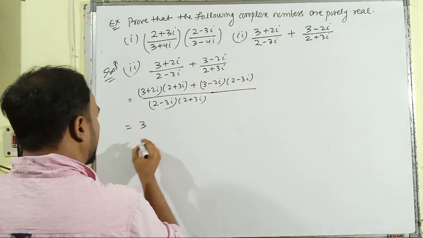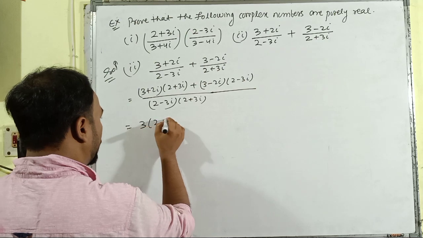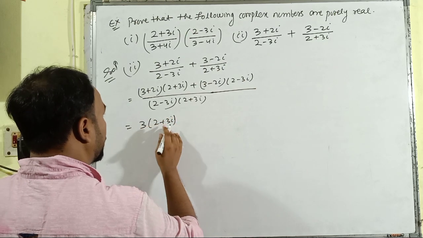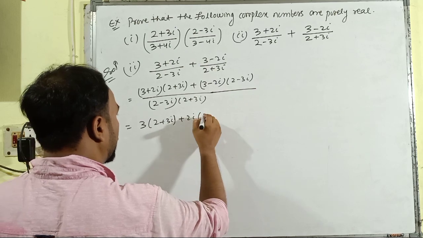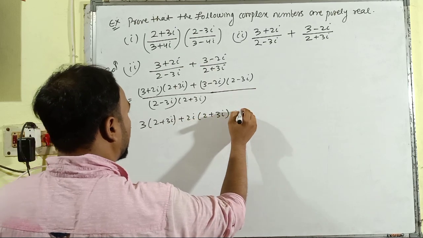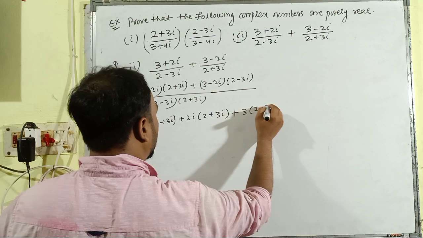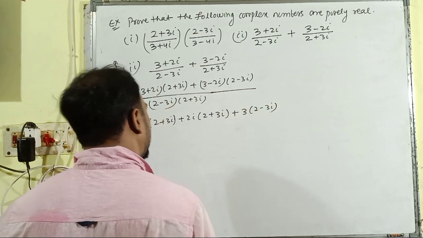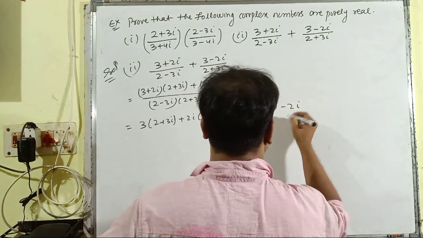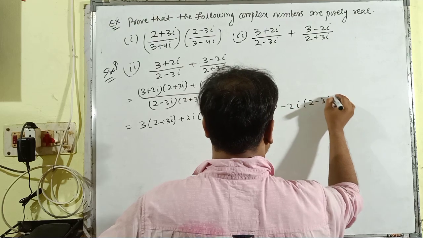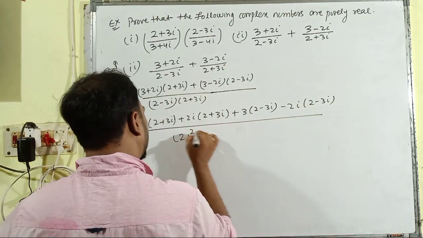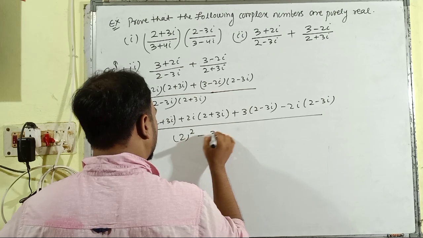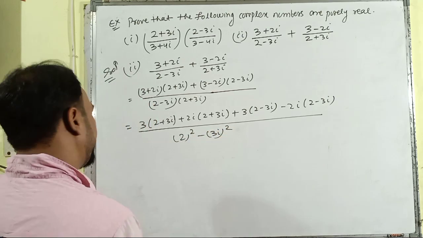Now multiplying, here we have 3 multiplied with (2 + 3i), then plus 2i multiplied with (2 + 3i), plus 3 multiplied with (2 - 3i), then minus 2i multiplied with (2 - 3i), divided by (2)² minus (3i)².